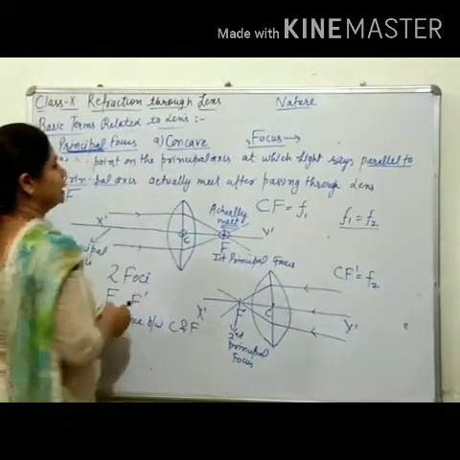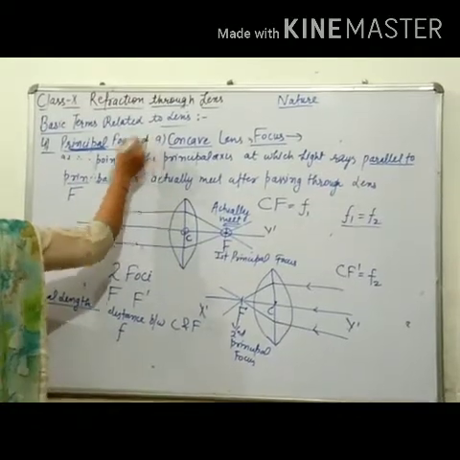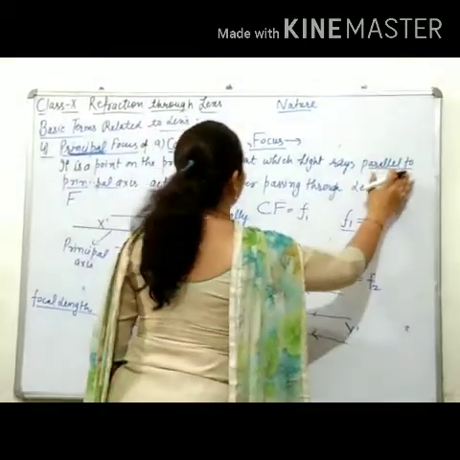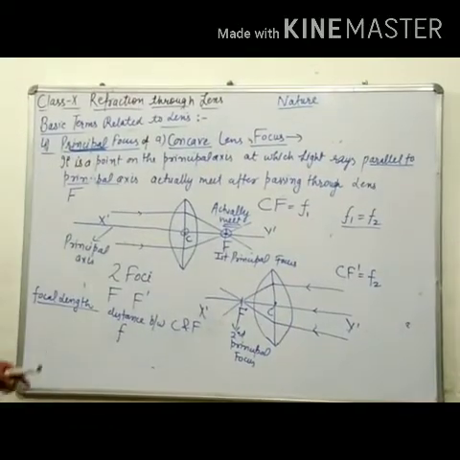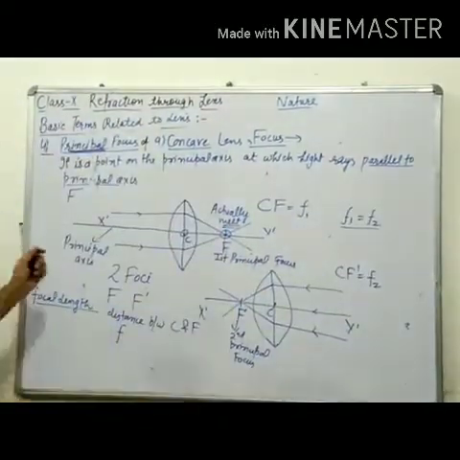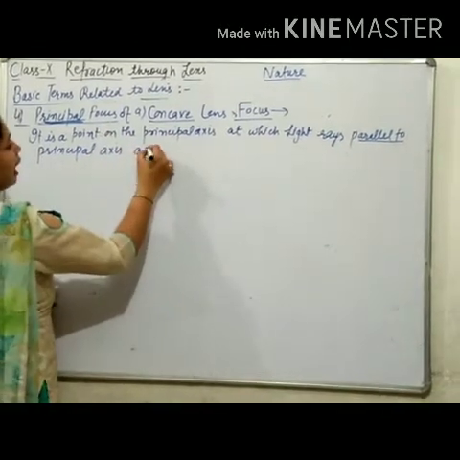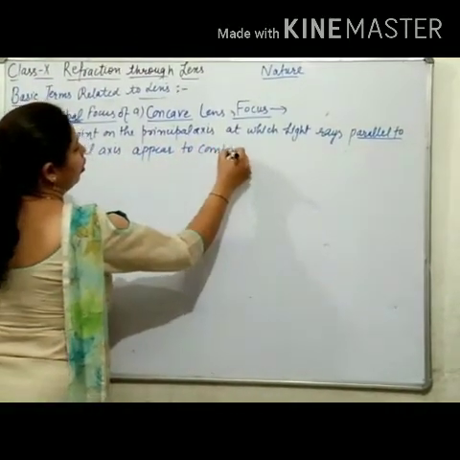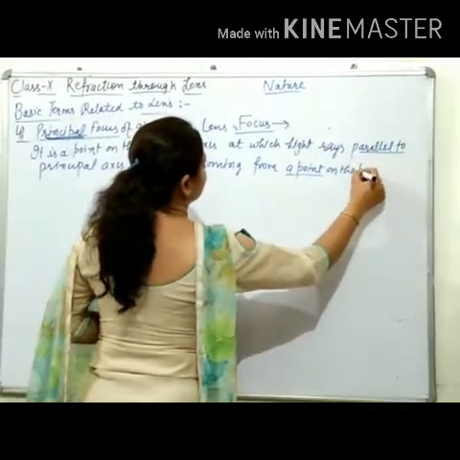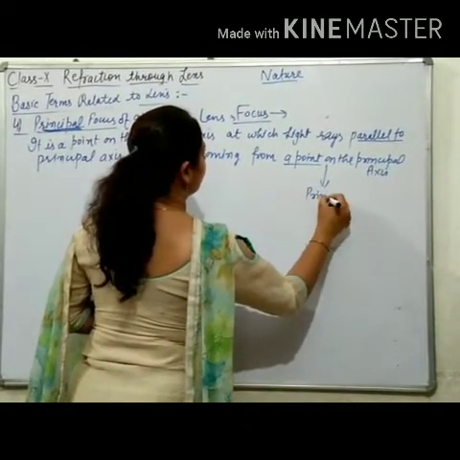The principal focus of a concave lens is a point on the principal axis from which light rays parallel to the principal axis appear to come. This point is known as the principal focus.